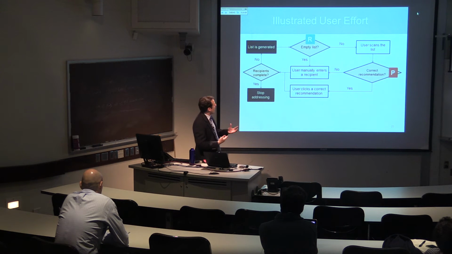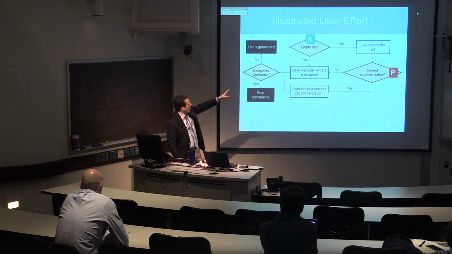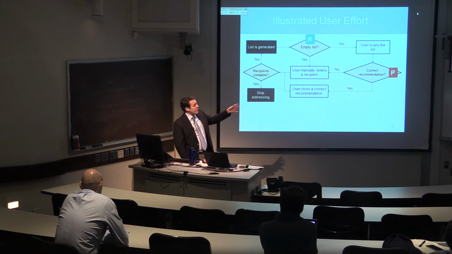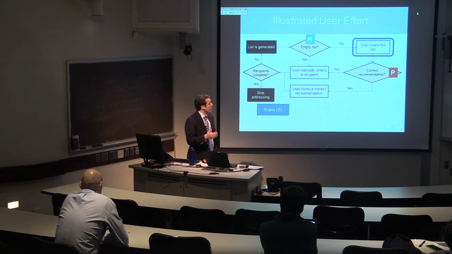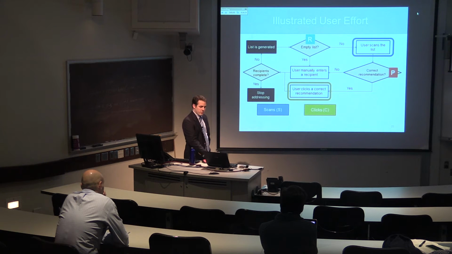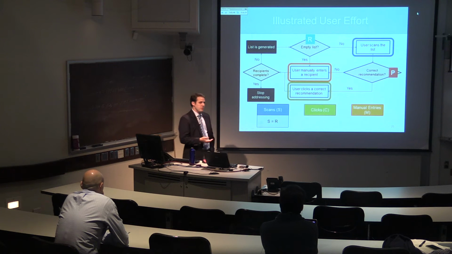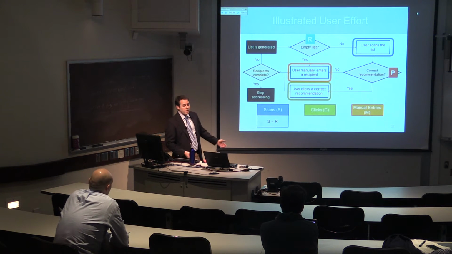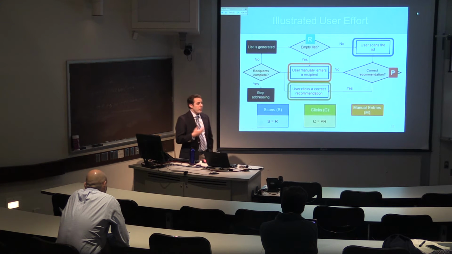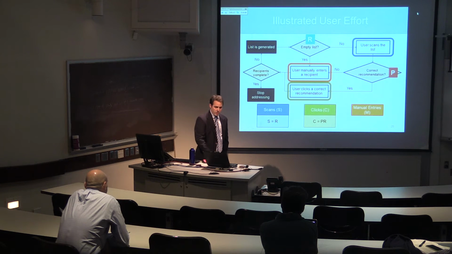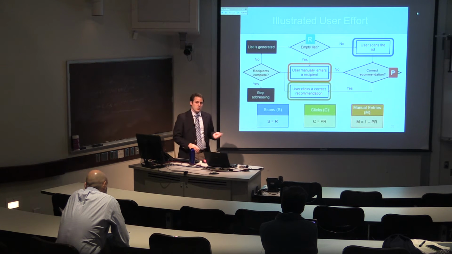So this model takes into account precision and recall, or P and R, where R represents whether a list is empty or not, and P represents whether a non-empty list will have a correct recommendation. We also have certain effort measured in this model: scans, or S, clicks, or C, and manual entries, or M. Because we assume each non-empty list is scanned, we assign S equal to R. We assume that each non-empty list with a correct recommendation is clicked, so C is equal to P times R. And each time a user does not click a correct recommendation, they must manually enter an item.